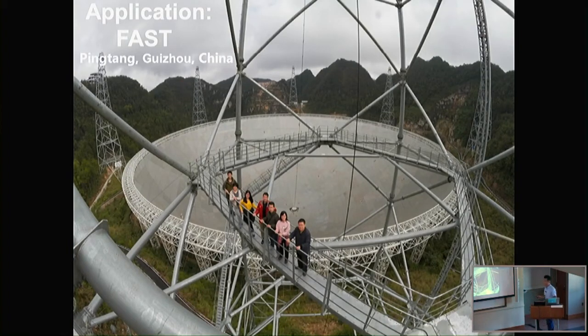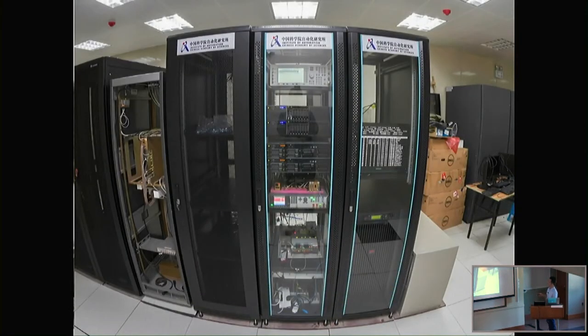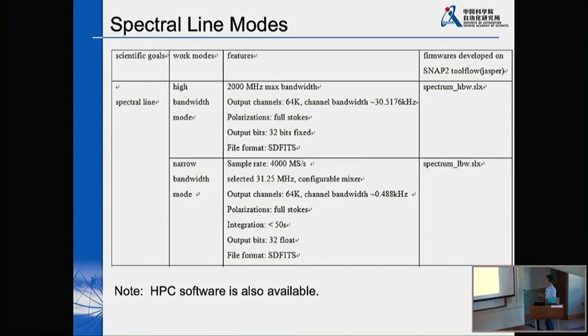This backend has been used for the FAST project. It has 2 work modes, the spectral line mode and the pulsar search mode.